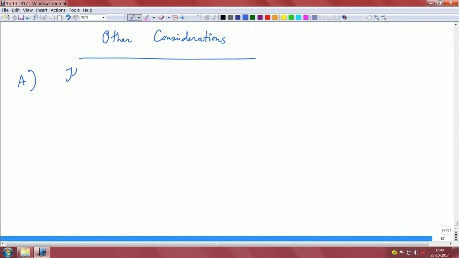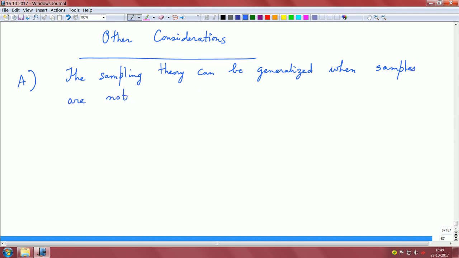A, the sampling theory can be generalized when samples are not taken equally spaced in time.